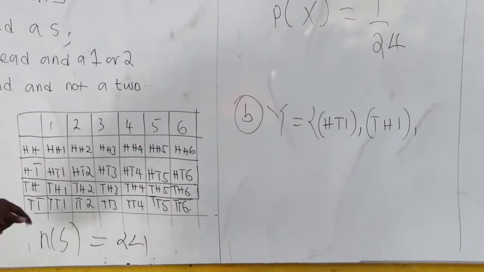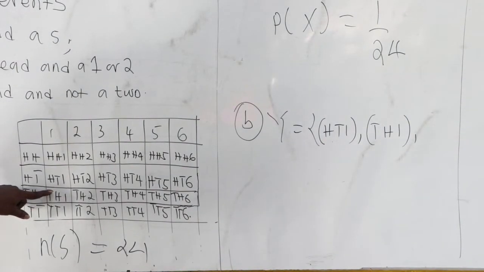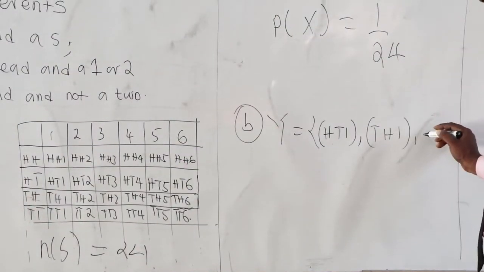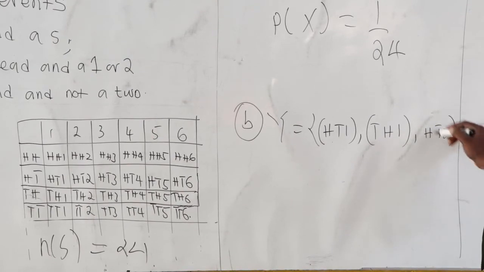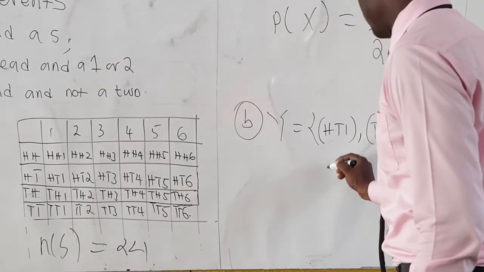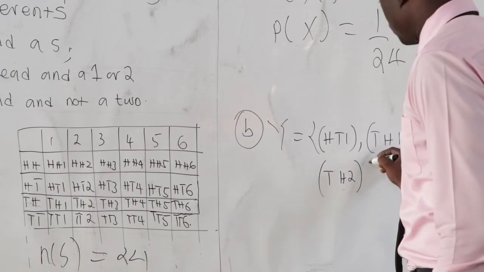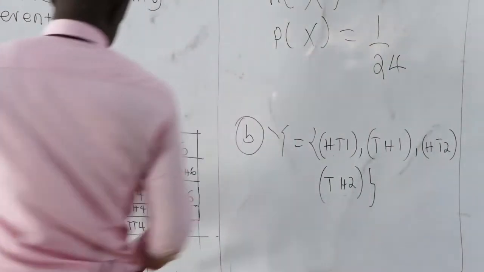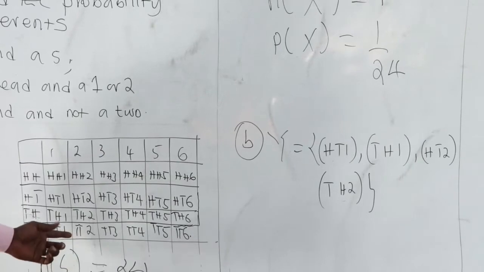So we've taken this. This is also part, a one or two. So this is part and this is also part. All the others are not part. So we have head, tail, 2, and then we have tail, head, 2. Exactly one head. This is not part because we have two tails.